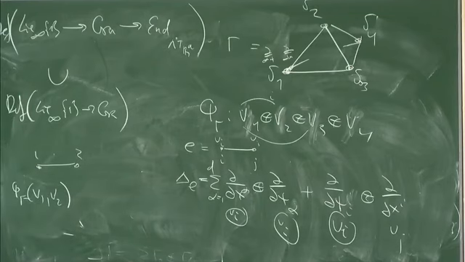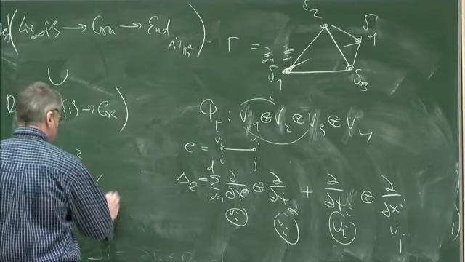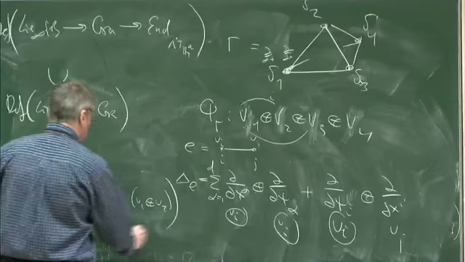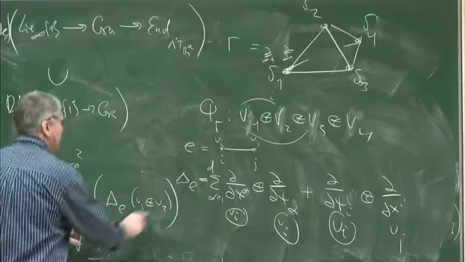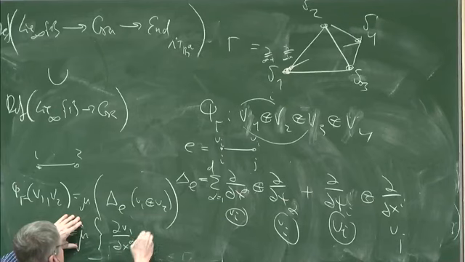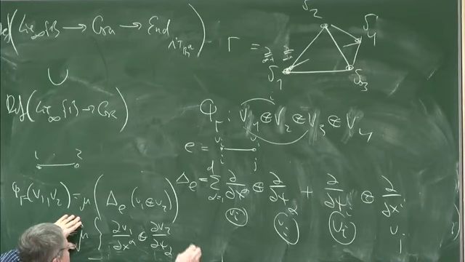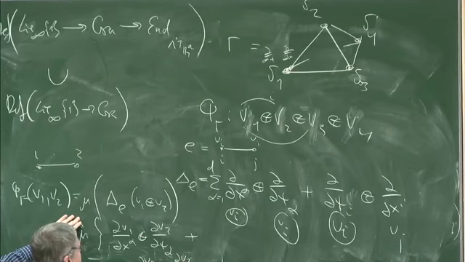polyvector fields. Let me tell. So this will be some multiplication applied. I have just one edge E applied to this V1 tensor V2. And I use this rule. So this is now multiplication applied to what? I apply dV1/dx^alpha tensor product dV2/d psi_alpha, plus dV2/d psi_alpha tensor dV1/dx^alpha.